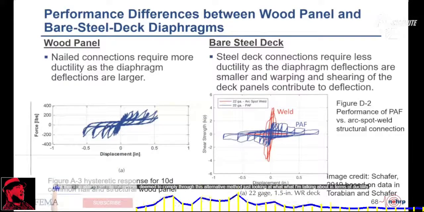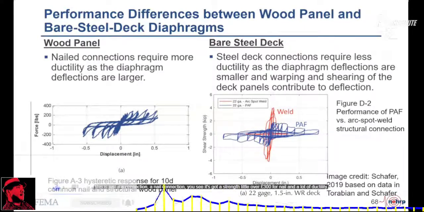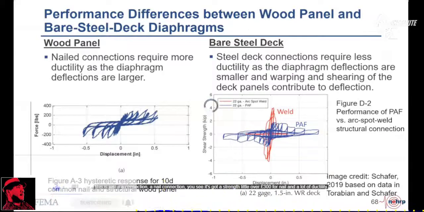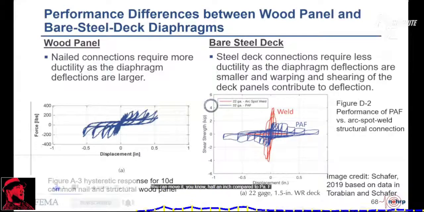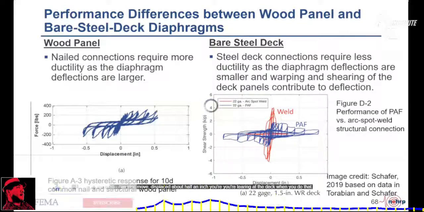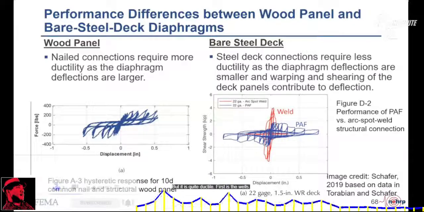Just looking at what I'm talking about in terms of ductility, this is a nail connection. You see it's got a strength of a little over 300 pounds per nail, and a lot of ductility. You can move it half an inch. Compared to a PAF, you can also displace about half an inch. You're tearing at the deck when you do that, but it is quite ductile.